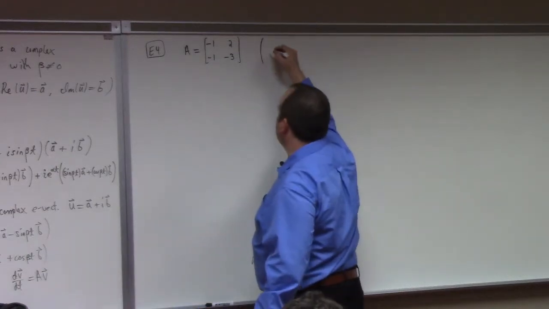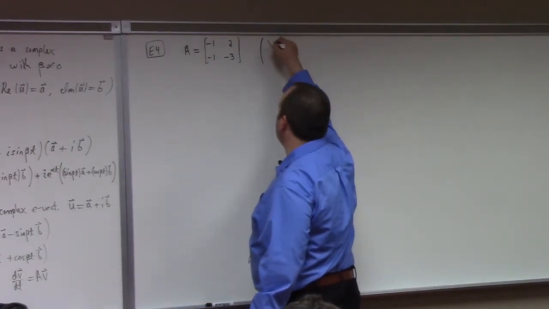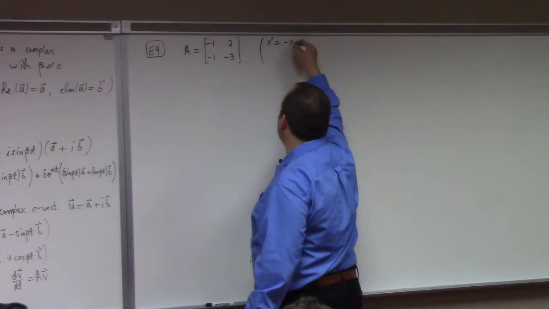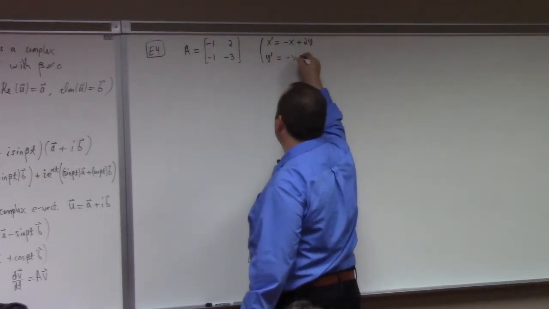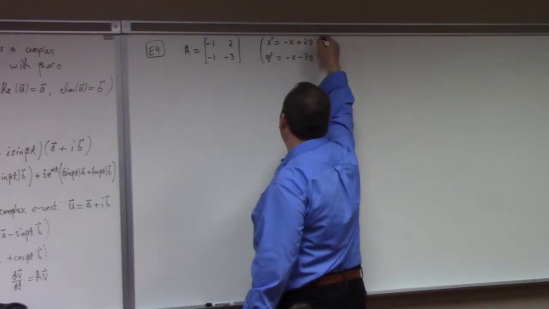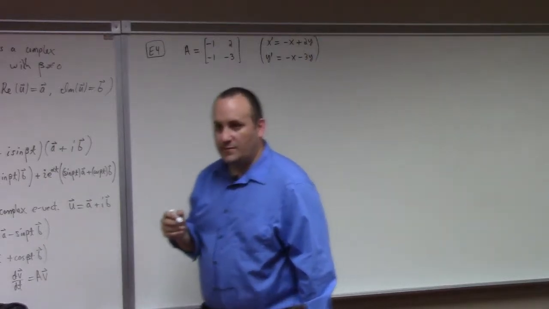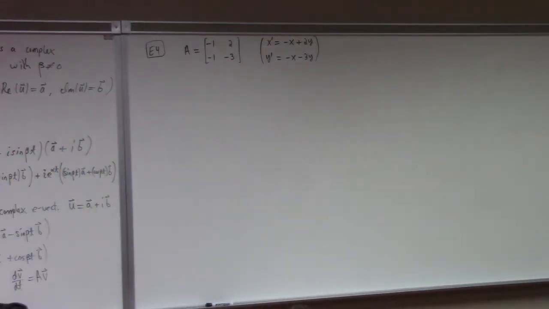Again, just to bring us back to what we're doing, this is x prime equals minus x plus 2y, and y prime equals minus x minus 3y. This is a system of first-order coupled differential equations with dependent variables x and y, and independent variable t, which I usually think of as time.